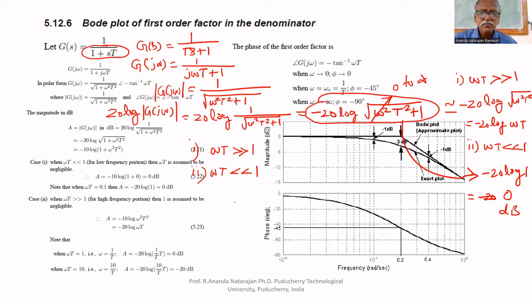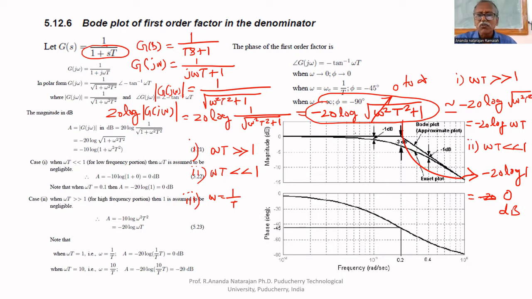Therefore, let us assume that omega equal to 1 by tau. What will happen? This is the third case, when omega equal to 1 by tau.